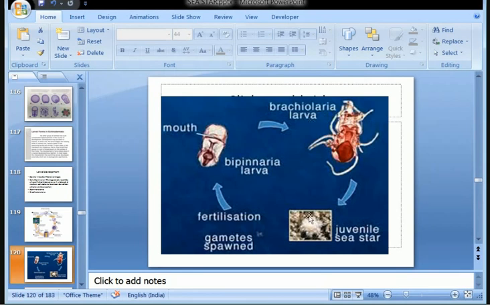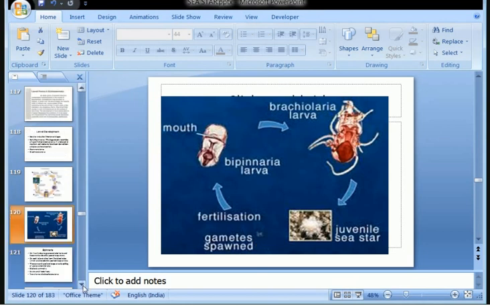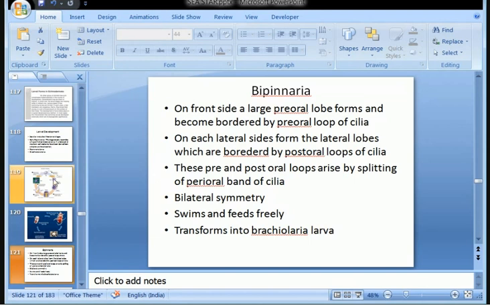And then a small juvenile sea star is formed here. And then that matures into adult, grows into adult, and that forms gametes, which are spawned, fertilization occurs, and the life cycle starts all over again. Now we want to talk about this stage, the bipinnaria, which comes after gastrulation.